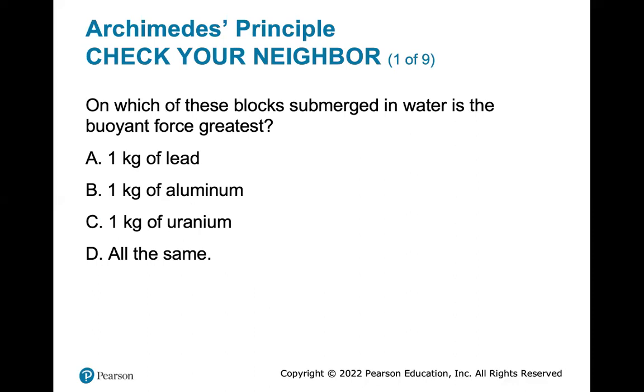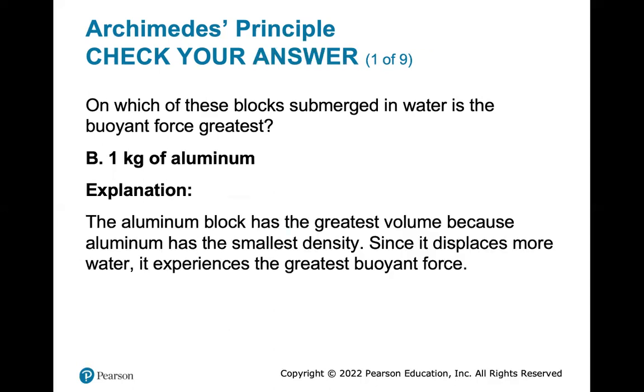Now, of these objects, aluminum is the least dense, so it's going to take more aluminum to get 1 kilogram than it would take to get 1 kilogram of uranium or 1 kilogram of lead. So since the aluminum would be larger, it's going to displace more water, so the buoyant force would be greatest on the aluminum. The aluminum block has the greatest volume because aluminum has the smallest density. Since it displaces more water, it experiences the greatest buoyant force.